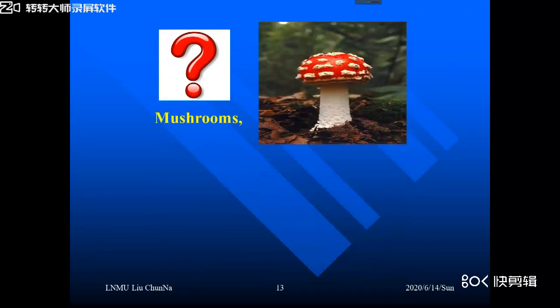Okay, and we have two questions. The first question: do you know how to save the life with some poisonous mushrooms? Try to design the treatment plan for a severe acute mushroom poisoning case.